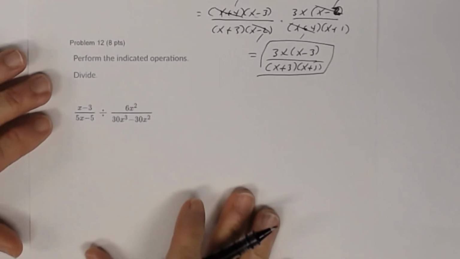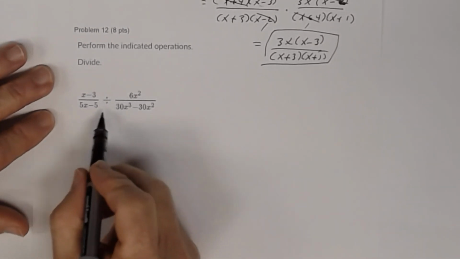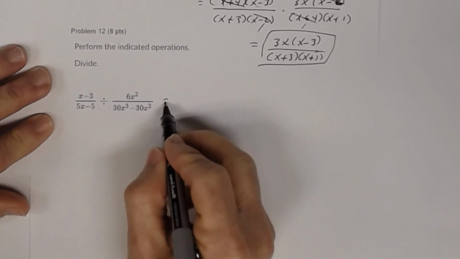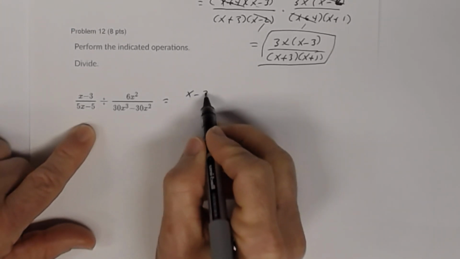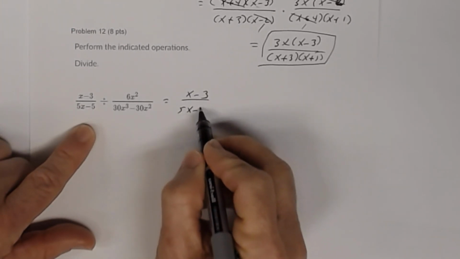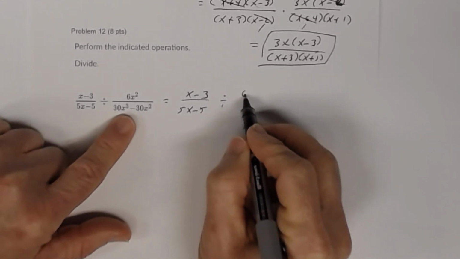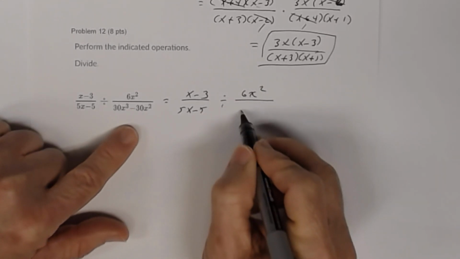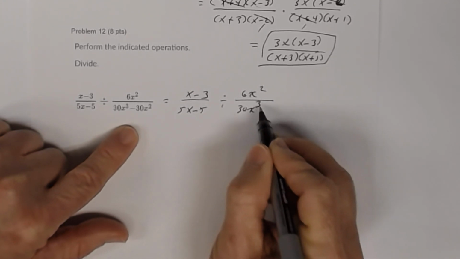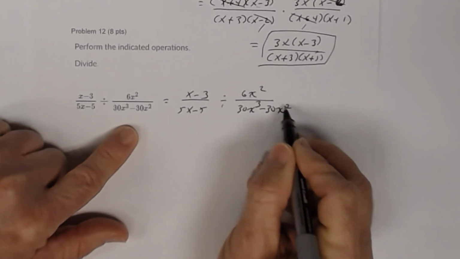Number 12, let me go ahead and write it so that you can see it better. So number 12, we have x minus 3 divided by 5x minus 5, and that rational expression is being divided by this rational expression, 6x squared divided by 30x cubed minus 30x squared.